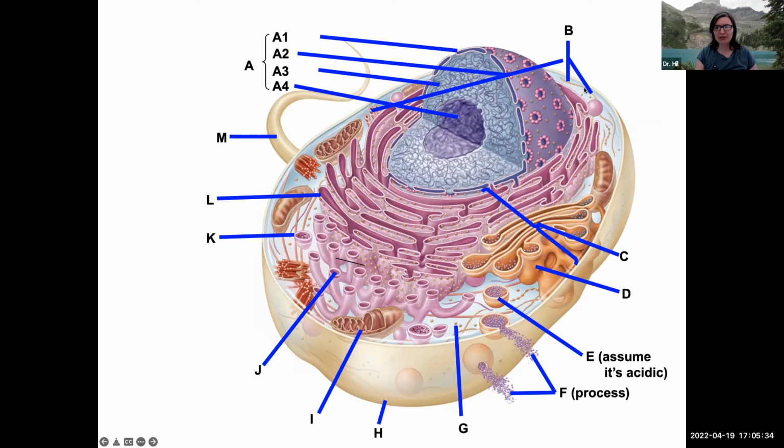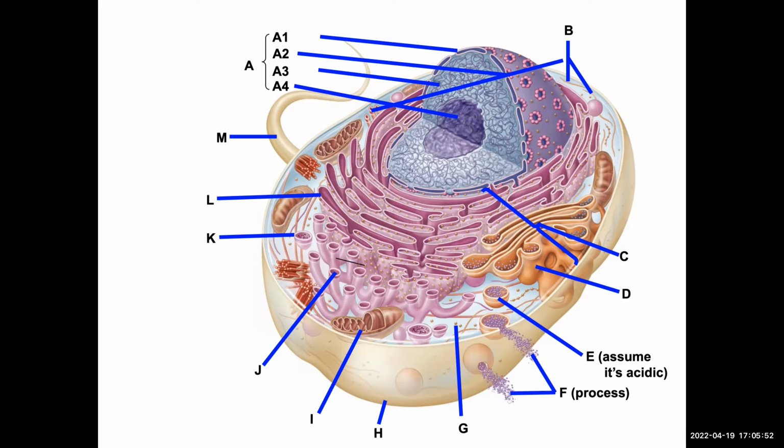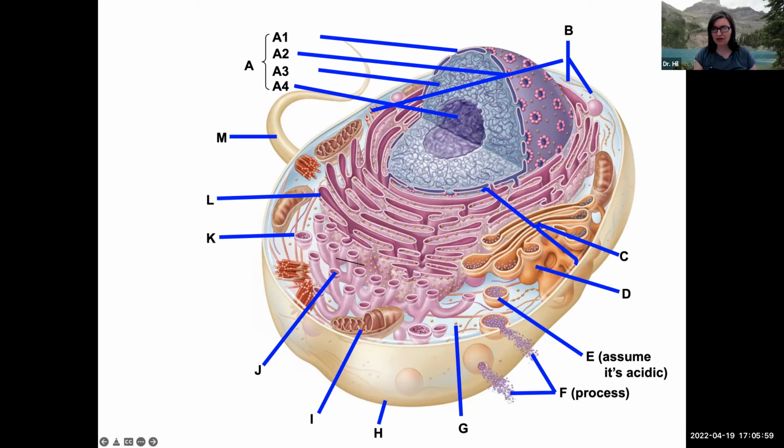All right, B is pointing to several things that don't seem to all be the exact same size, but they're all filaments. So B, Janelle, what do you think B is pointing to? I think cytosol. That's close. Does anyone want to raise your hand and help her out here?